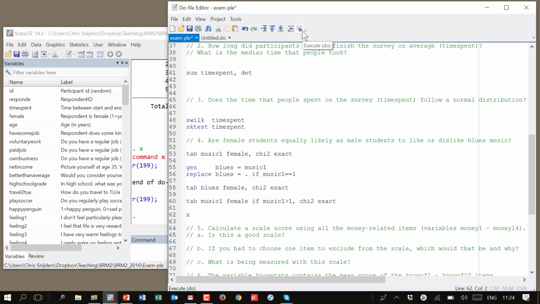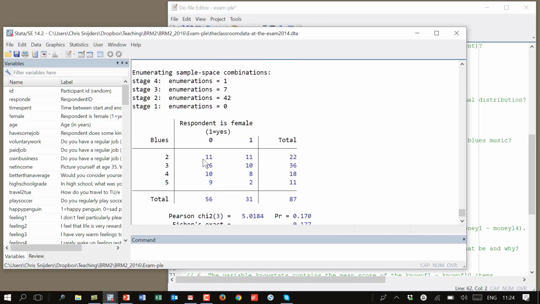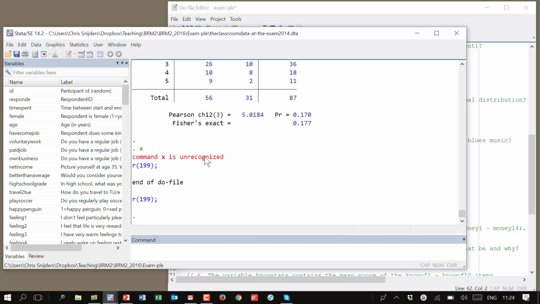That will also work, and I'm simply excluding the music 1 category. And you get exactly the same thing.